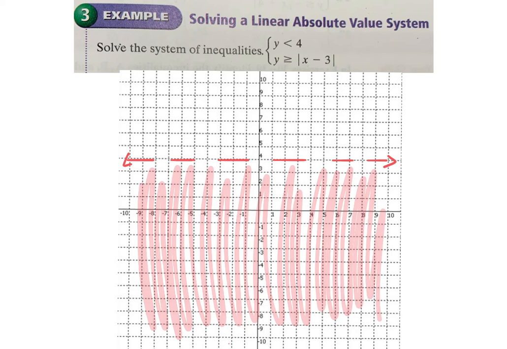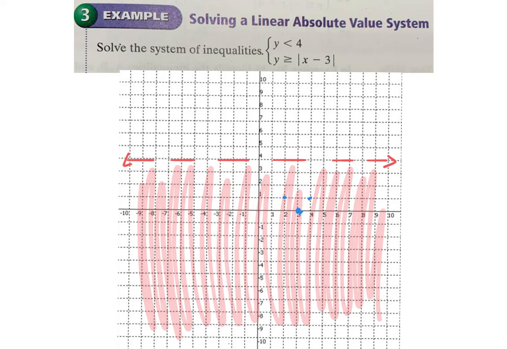All right, next one. Where does this V go? Right or left, up or down? Right 3. So I'm going to do right here. Right 3. And it is just your regular V. Is this going to be solid or dashed? Solid. It's going to be solid.